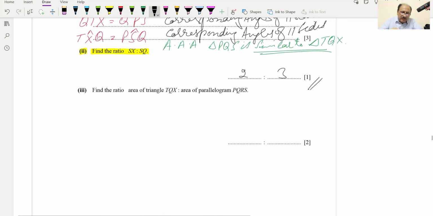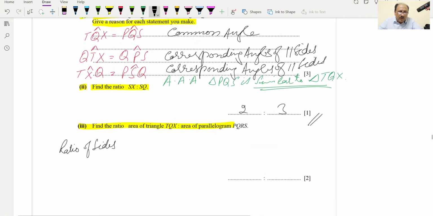Then they are saying find the ratio of area of triangle TQX to area of parallelogram PQRS. So ratio of sides we can check. So ratio of sides is 1:3, so K value will be equal to 3.